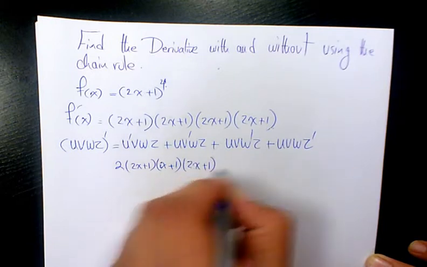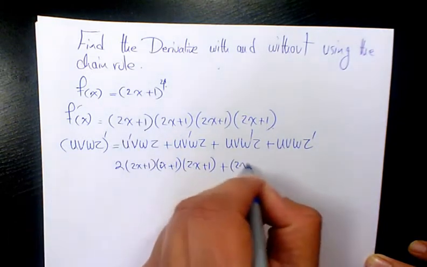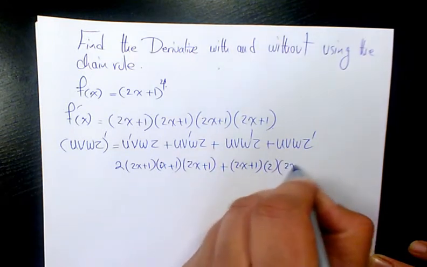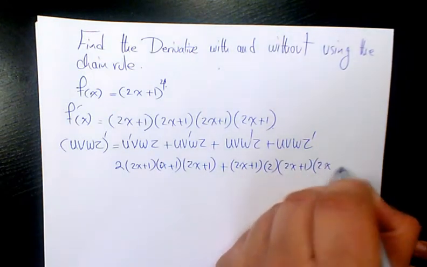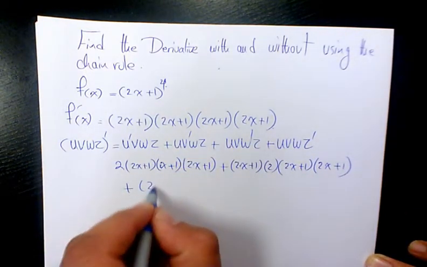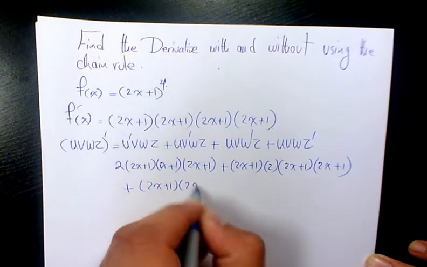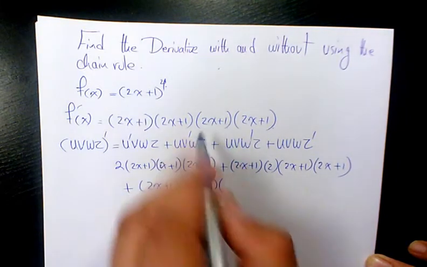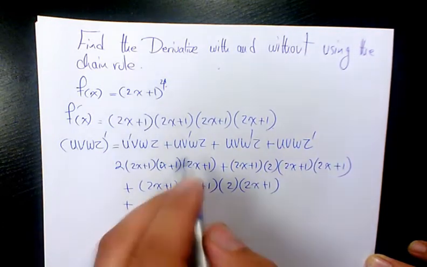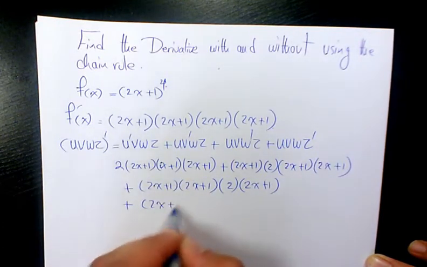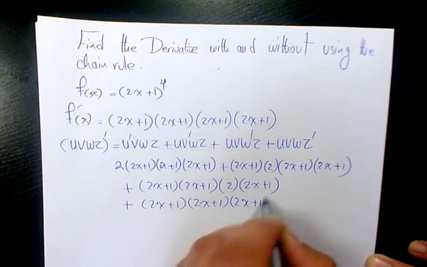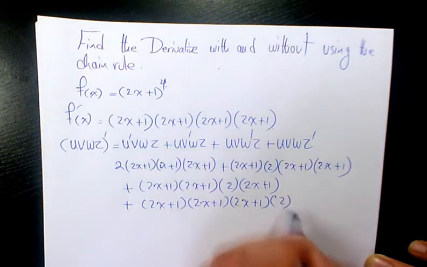plus (2x + 1) times the derivative of 2x + 1, which is 2, times (2x + 1) times (2x + 1), plus (2x + 1) times (2x + 1) times the derivative of 2x + 1, which is 2, times (2x + 1), plus (2x + 1) times (2x + 1) times (2x + 1) times the derivative of the last one, which is going to be 2.